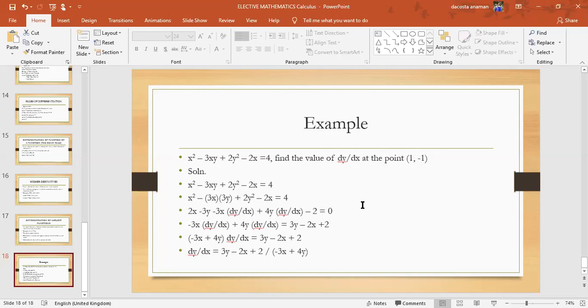Then you differentiate each function. X squared, you'll be getting 2x. Now you are differentiating this one in respect of y, so you'll be using the product rule here, and you'll be getting 3y minus 3x dy/dx. Let's do it and see.